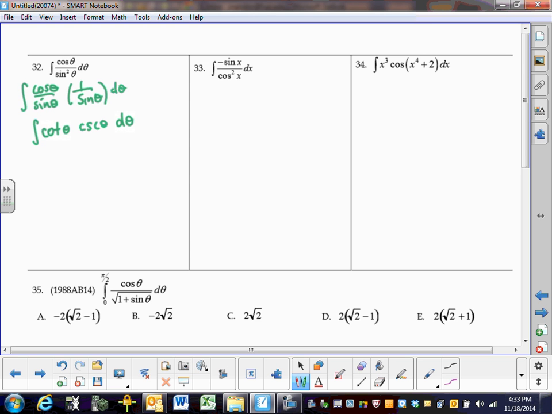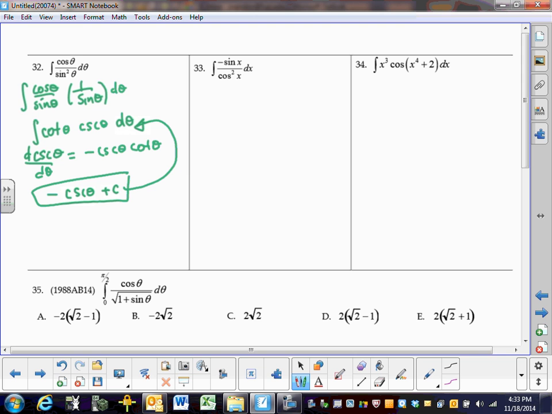And you might recall that cosecant cotangent is almost the derivative of cosecant. The derivative of cosecant is negative cosecant cotangent. So if I go backwards, I actually get the opposite of cosecant plus c. This function would have this as its derivative.